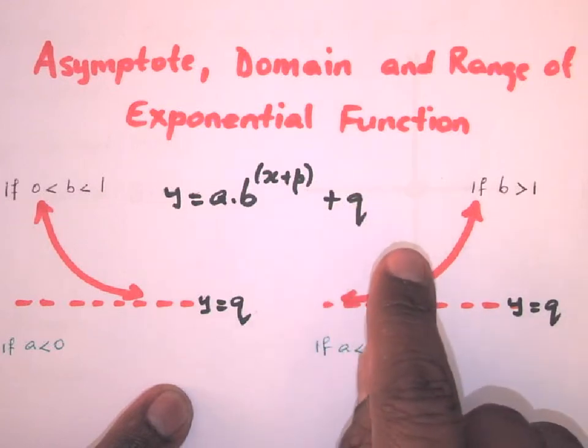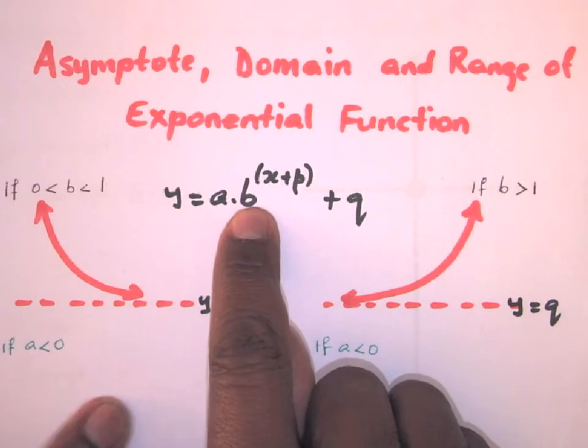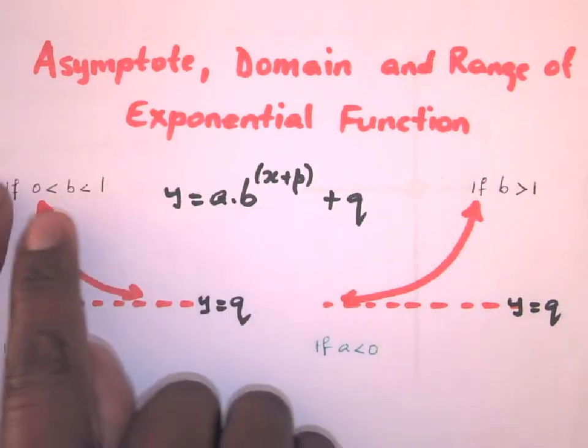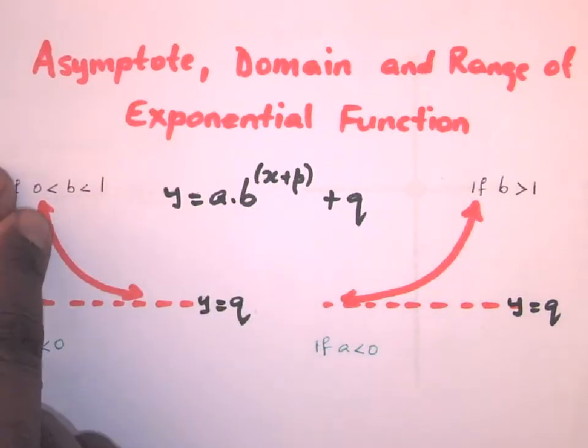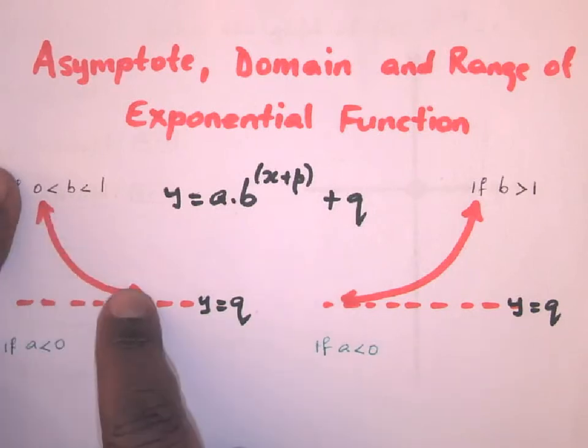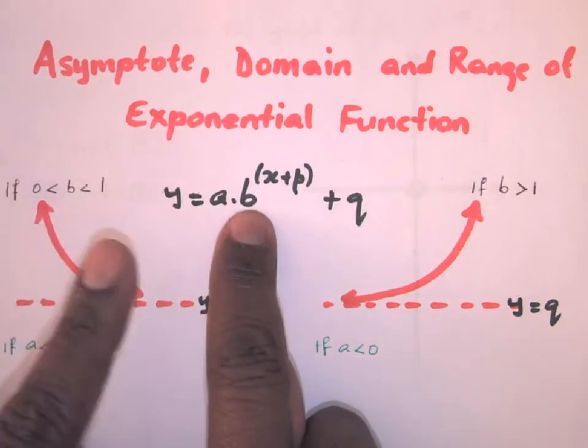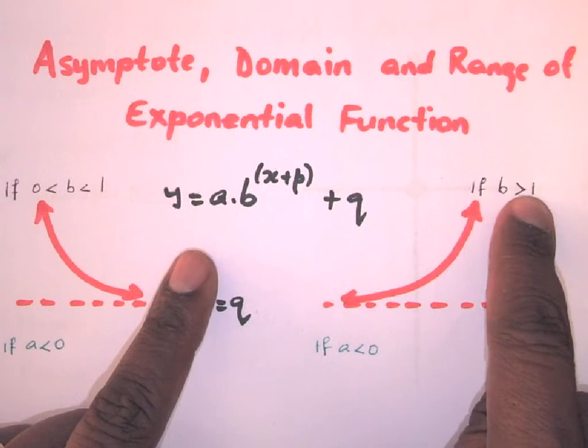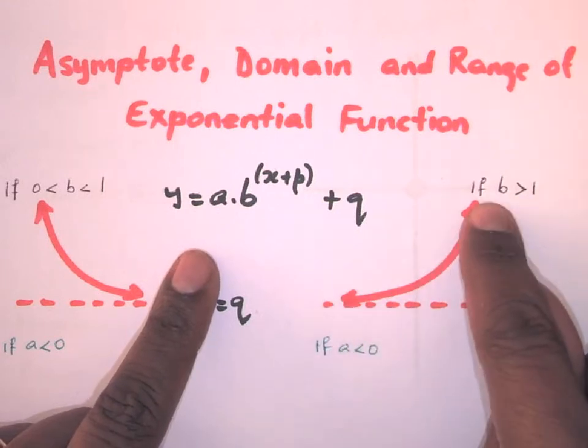Also remember that if b is any number between 0 and 1, your graph will be drawn like this, as a decreasing function. If b is a number which is bigger than 1, then it will be an increasing function.